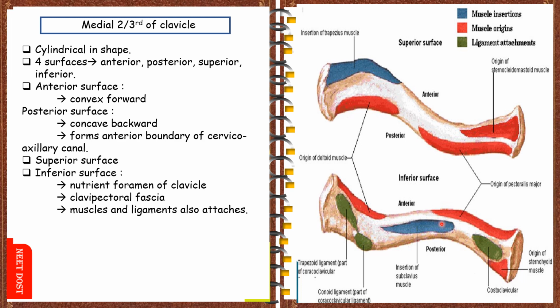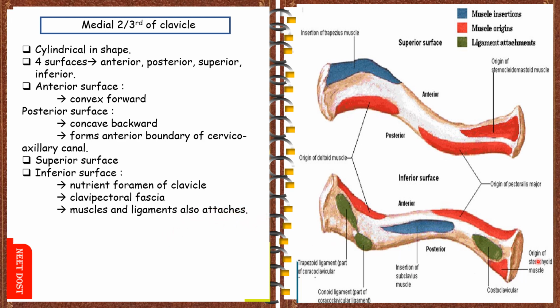The clavipectoral fascia is attached to the margins of the subclavian groove, whereas muscles and ligaments are also attached, and the muscle is the subclavius muscle.